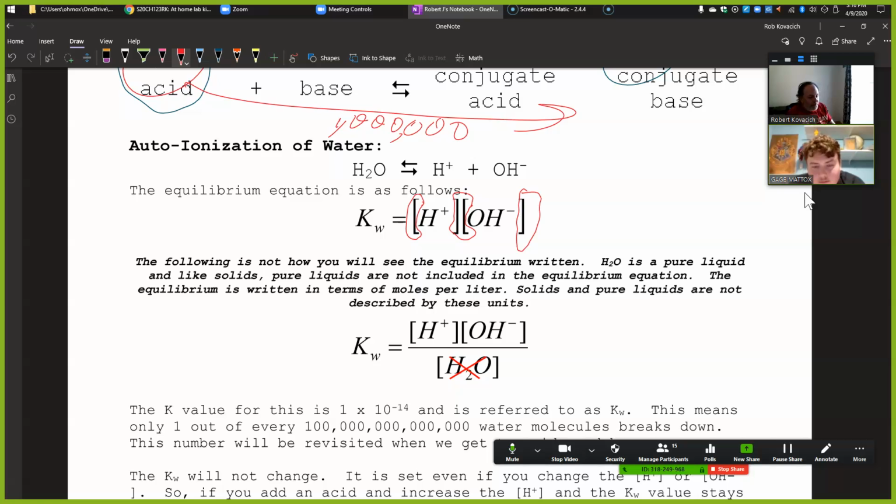And another example for this would be something that's insoluble, like lead 2 sulfide, something like that. So this is a solid in water, but a teeny bit of it does dissolve. Most of it is in this direction though.